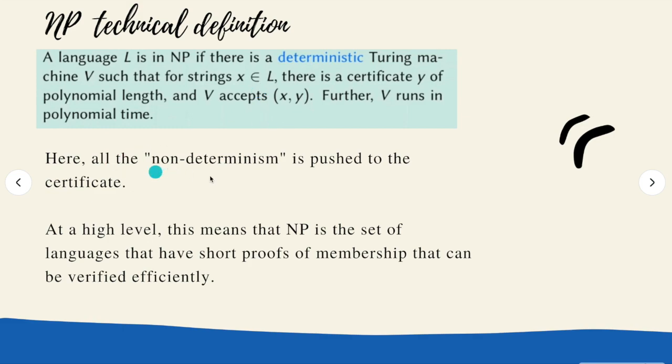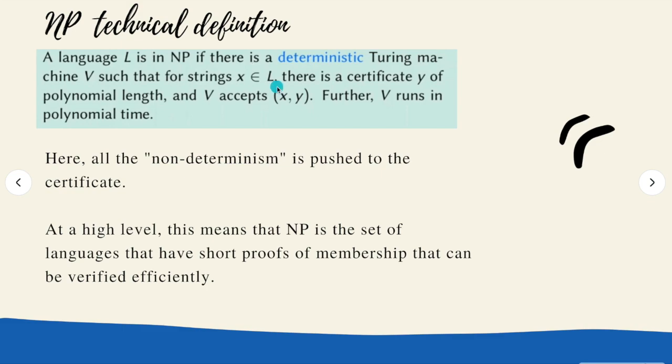Note that all the non-determinism is pushed to the certificate. I haven't really mentioned how you get the certificate, but essentially all the non-determinism is pushed into the certificate, and then you can use a deterministic Turing machine to use X and the certificate to accept the problem.